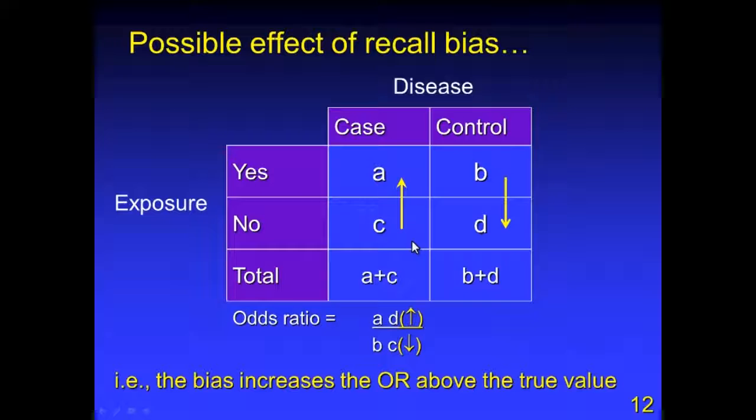If both of those things were operating, cases who should be classified as unexposed might be more likely to misremember and call themselves exposed, whereas controls who really were exposed may not remember it, so they may say that they were unexposed. So the general effect of both of these arrows is to bias the odds ratio above the true value. In other words, it would increase it.